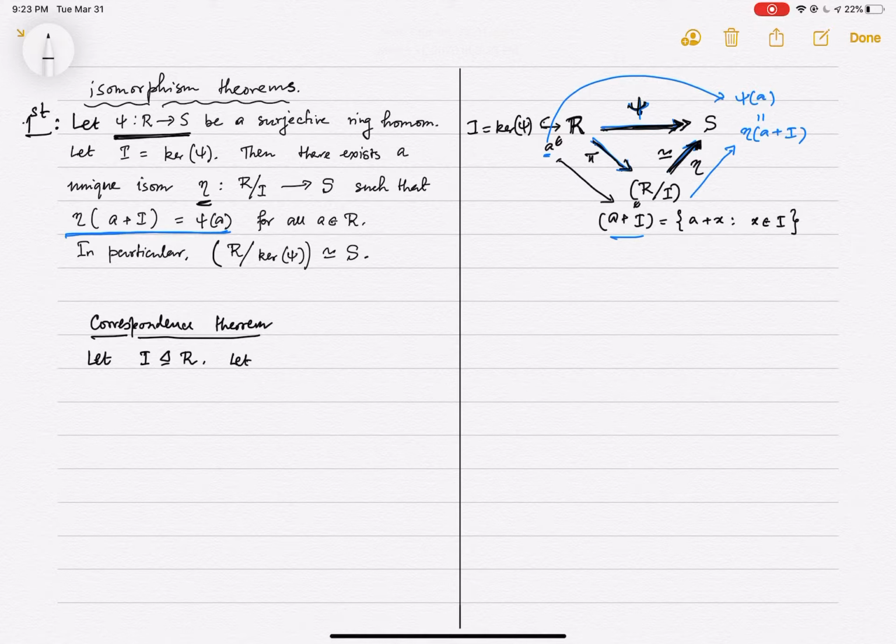And let pi from R to R mod I be the quotient homomorphism, the one that we just described up here, taking an element to its coset.